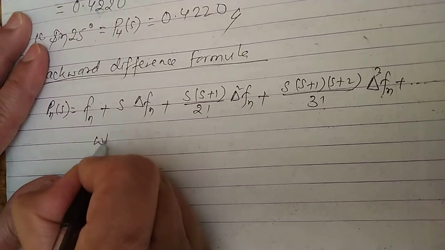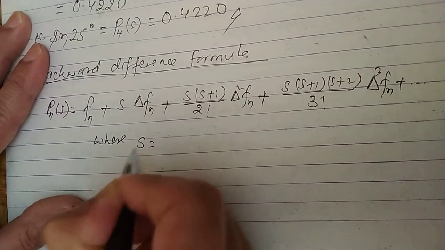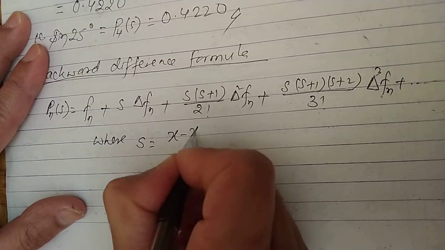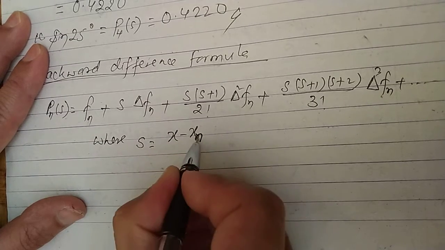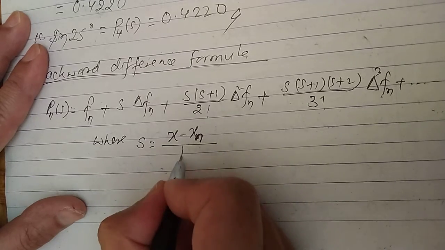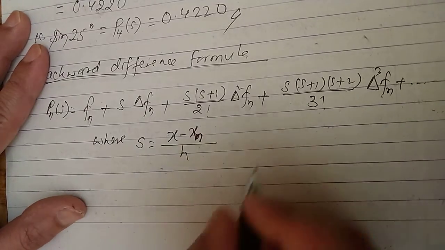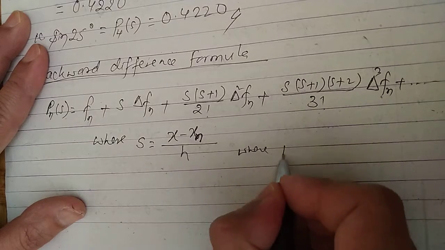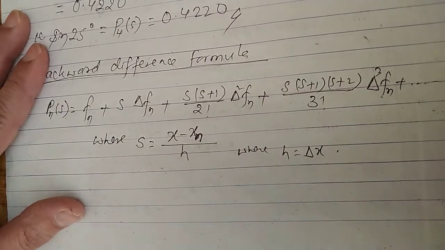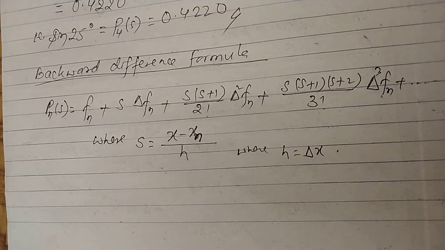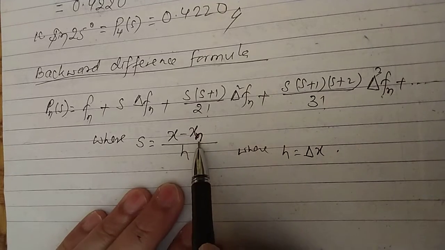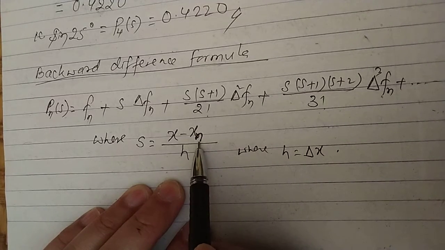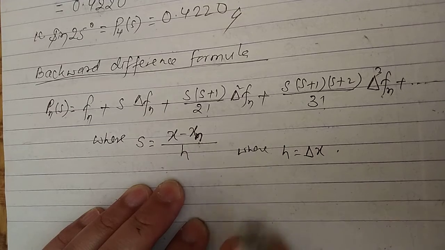Where s equals x minus xn, the maximum value of x, divided by h, where h is the same thing, the x interval. So instead of using x naught, we'll be using xn.